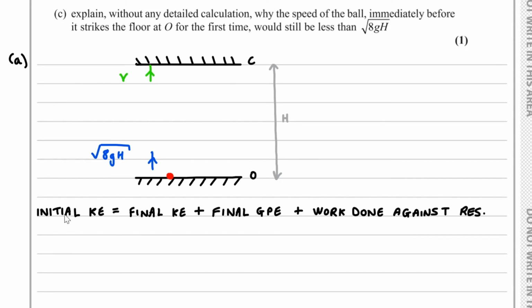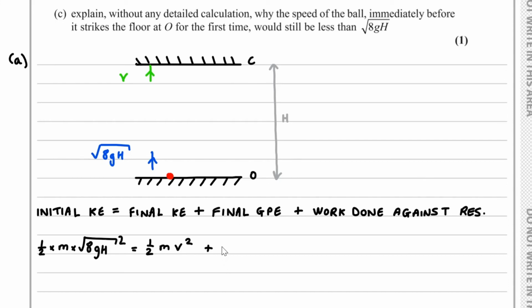For the initial kinetic energy, we've got 1/2 multiplied by the mass, which is m, multiplied by the speed squared, so we've got square root of 8gh, squared. This is equal to the final kinetic energy, so here we've got 1/2 mv squared plus the final GPE.